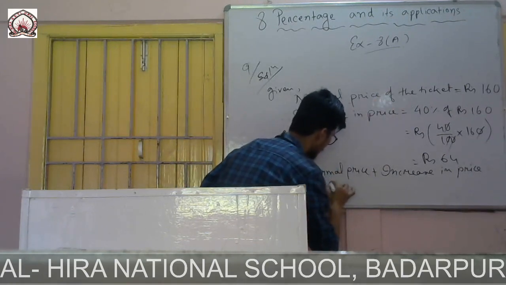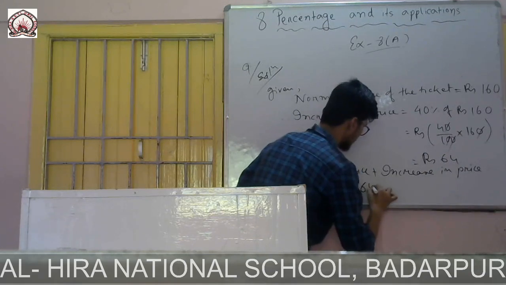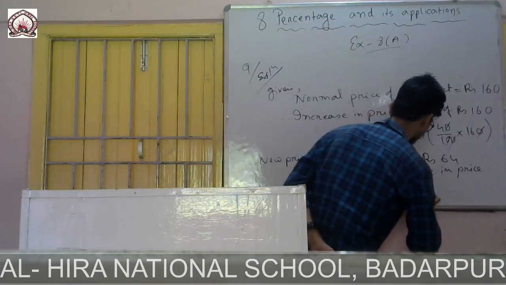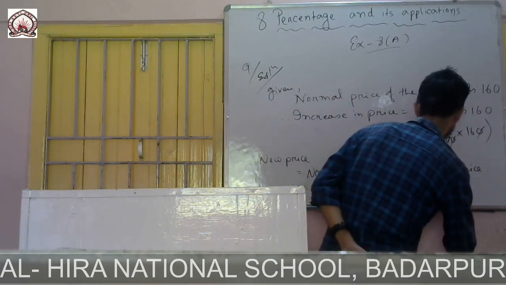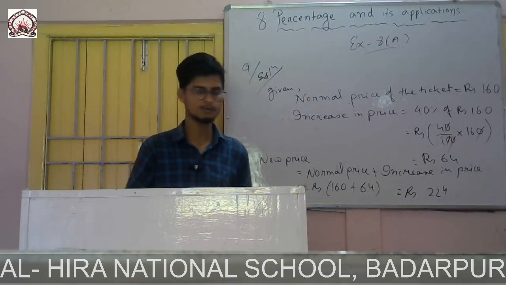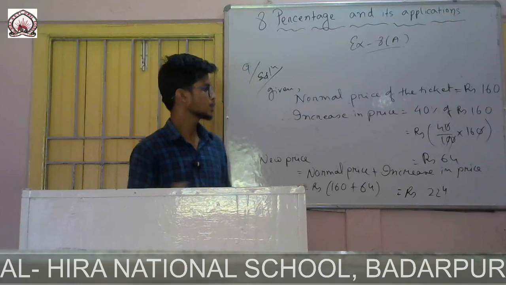Normal price it was rupees 160 and increase in price it was rupees 64. So 160 plus 64 equals rupees 224. The answer is rupees 224. That means this is the new price of the ticket.